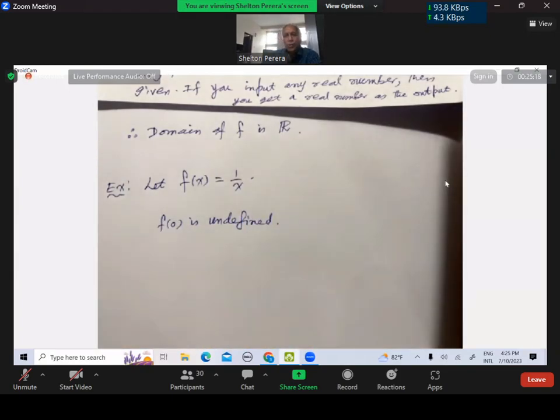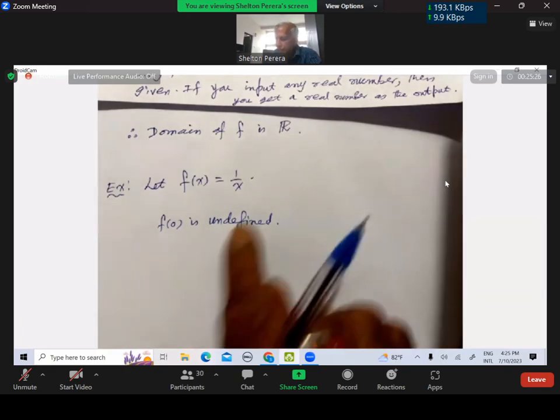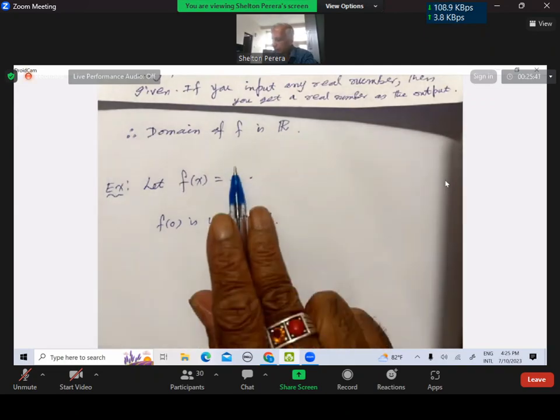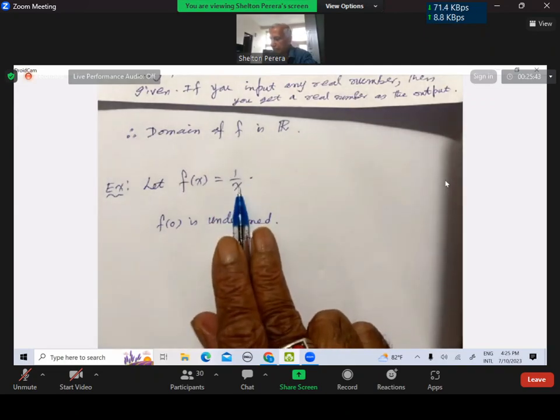So when you work with rules, if there is a denominator, the places where the denominator, meaning the bottom, is equal to 0 are undefined places, undefined inputs for the function. This doesn't make any sense if x is equal to 0.